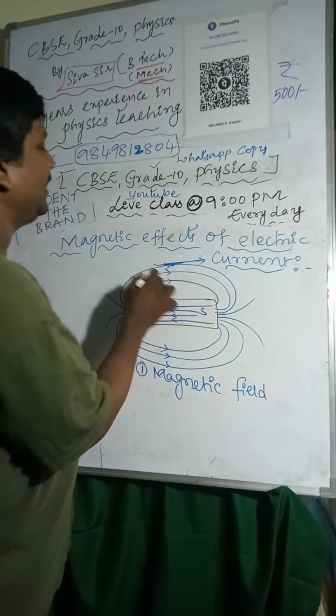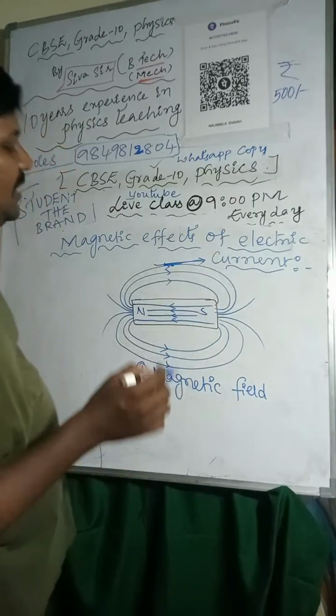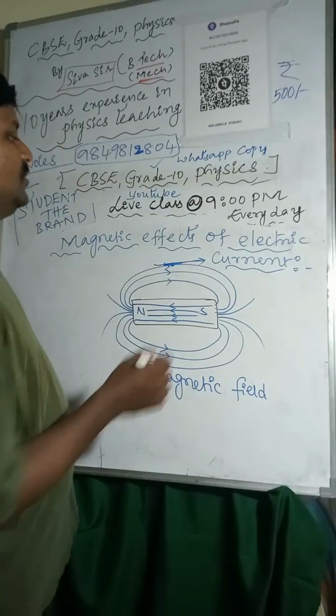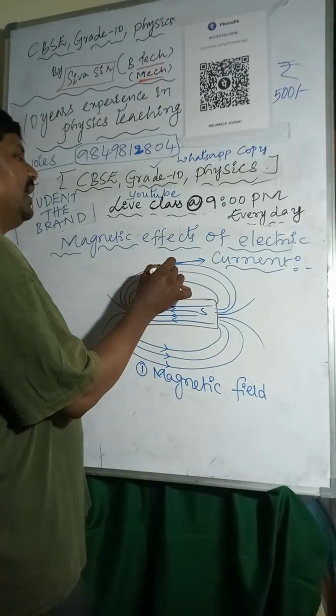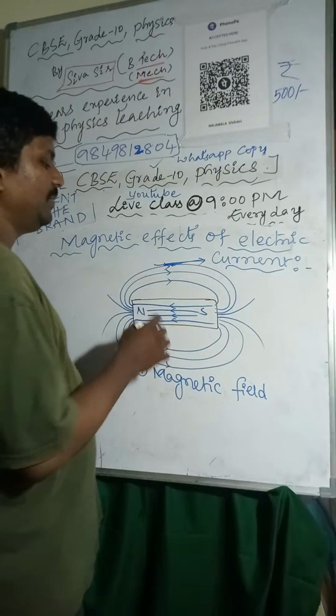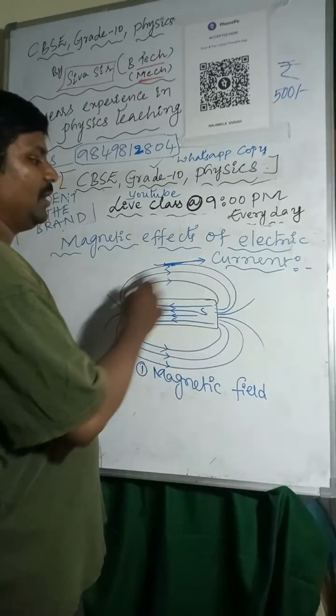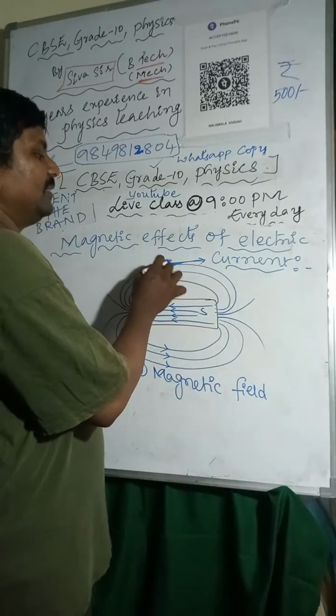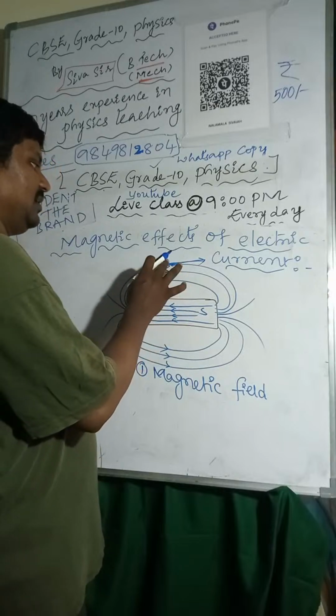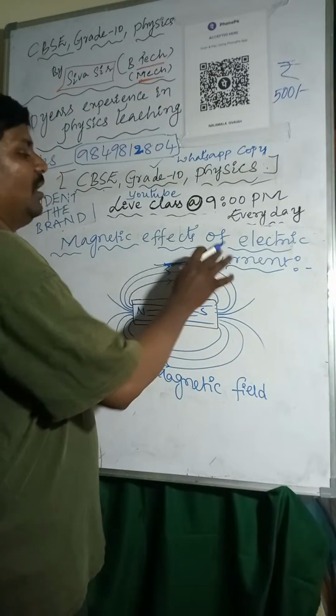So at this point, the magnetic field is along the direction from north to south.